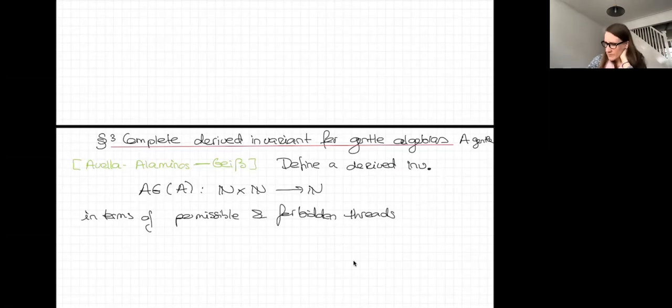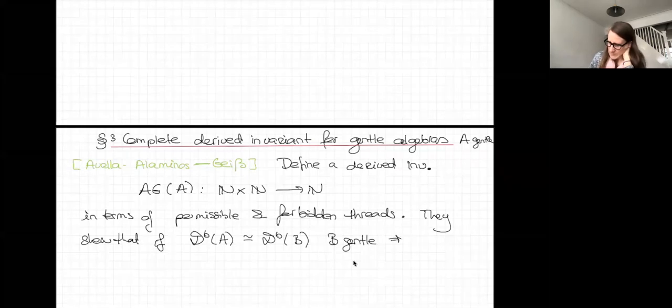And then they show that if A is derived equivalent to some other gentle algebra B, then they have the same AG invariant.